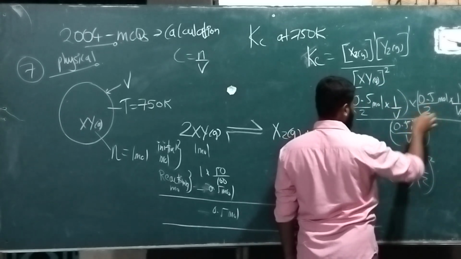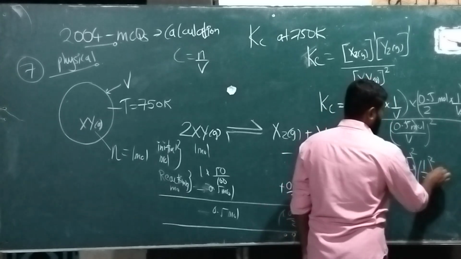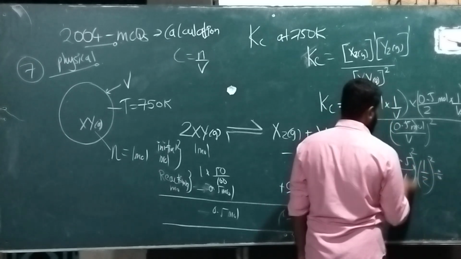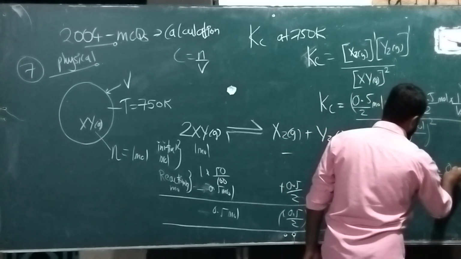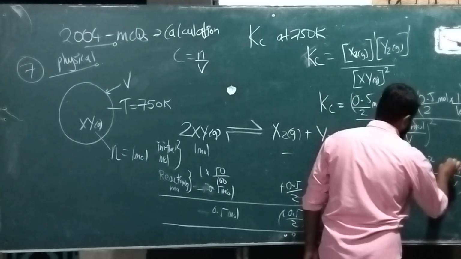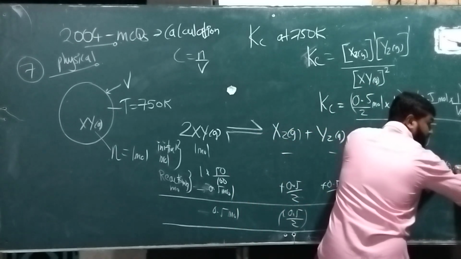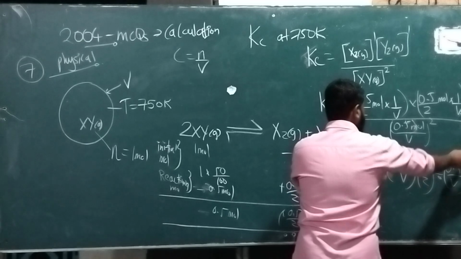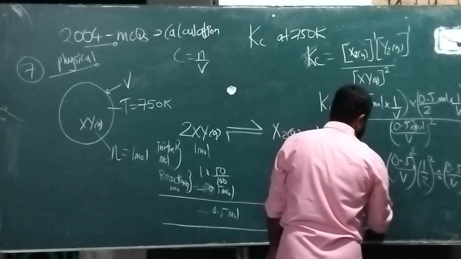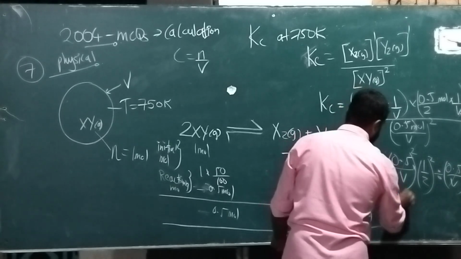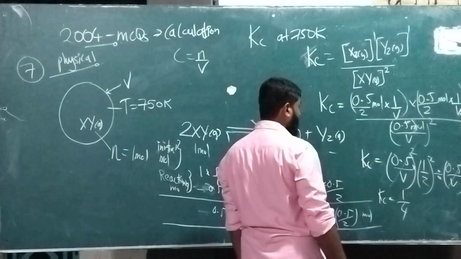Two halves are there, so to the power 4, to the power 2, divided by 0.5 over V, the whole thing squared. If you turn this division to multiplication by the reciprocal, this 0.5 will be cancelled out. So Kc is equal to 1 over 4.